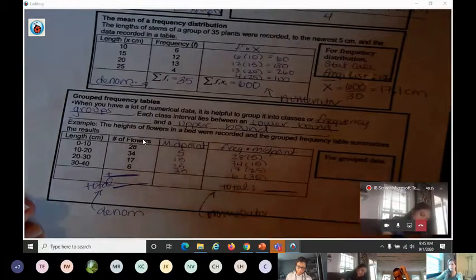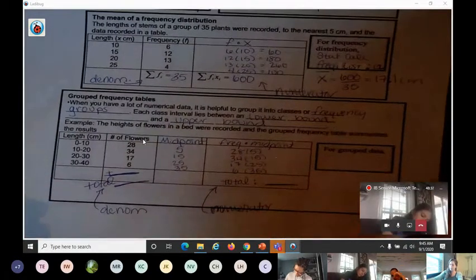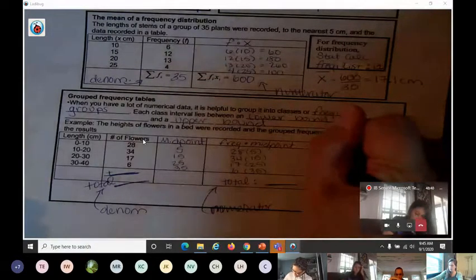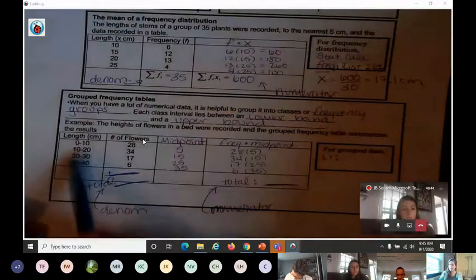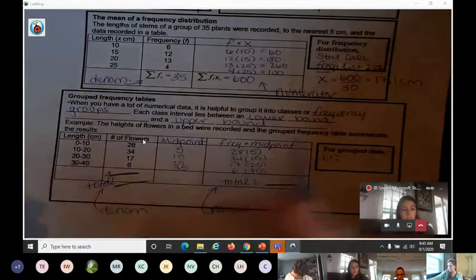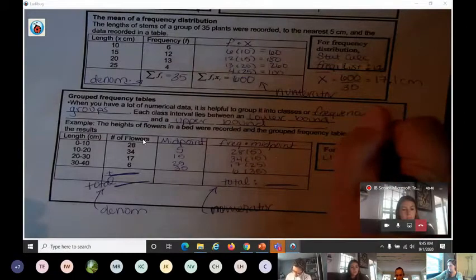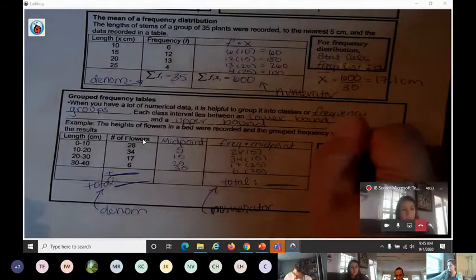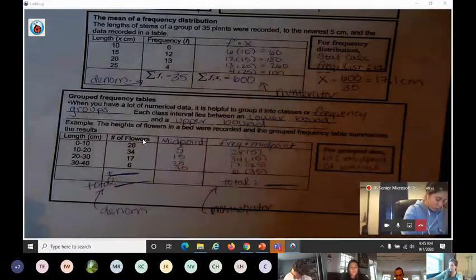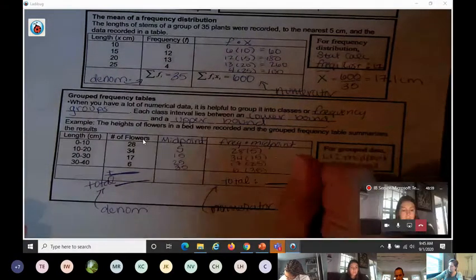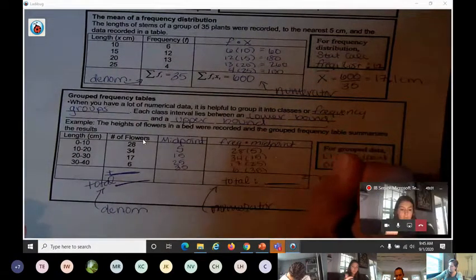Okay, and you can do this. So for grouped data, your L1, you can do this on the calculator. In your list, instead of trying to type in this, your L1 is going to contain the midpoint of the interval. Okay, and I'm going to move numerator.